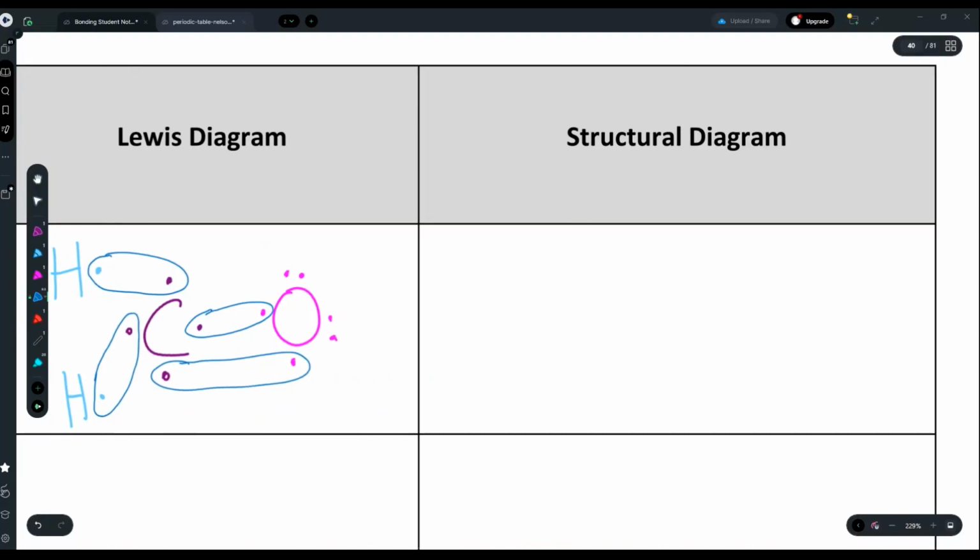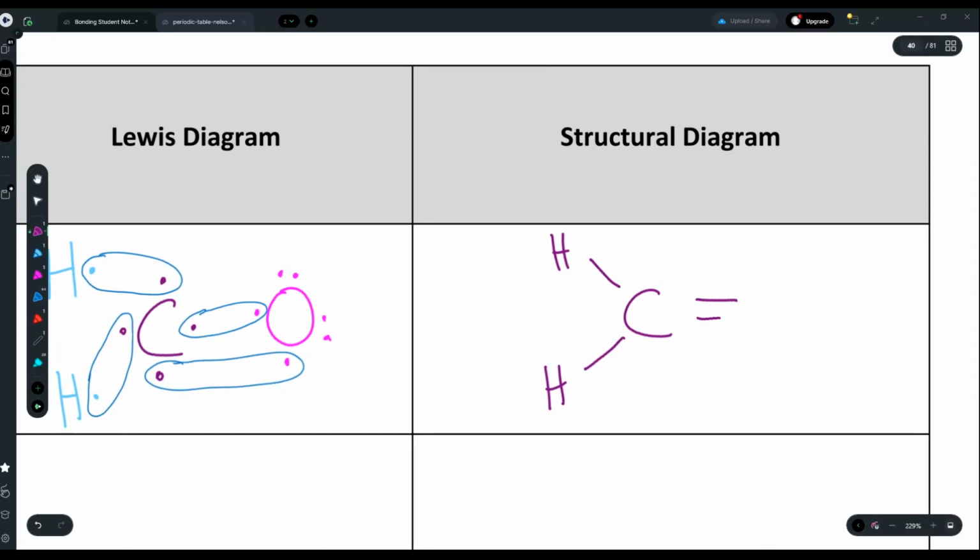Okay, so what the structural diagram will look like is there's a single bond between the carbon and each hydrogen, and then there's a double bond between the carbon and the oxygen. Okay, there's no lone pairs on the carbon, so I don't have to draw anything on my central atom, and the rest are terminal atoms, so I don't need to draw any lone pairs on the oxygen.